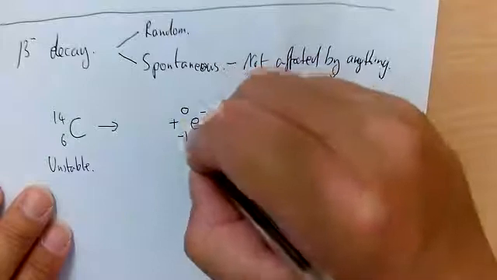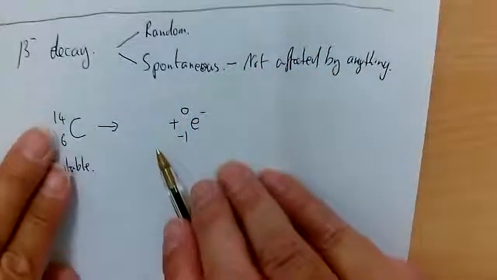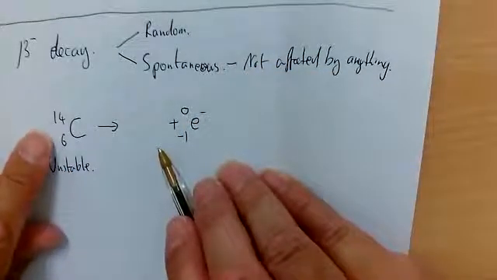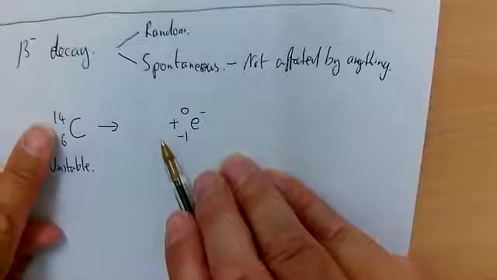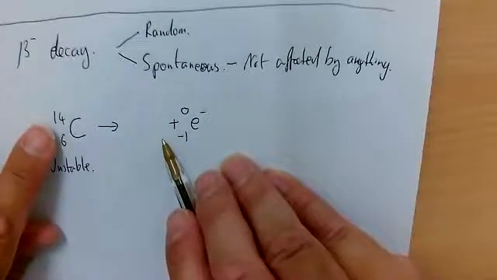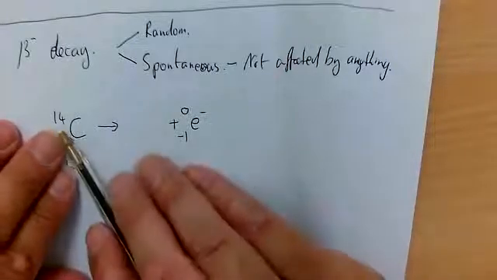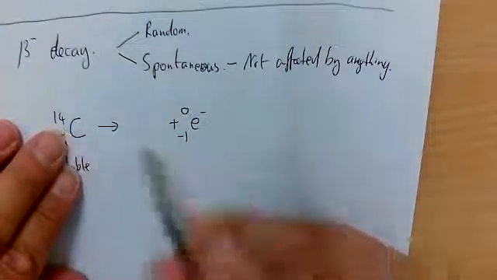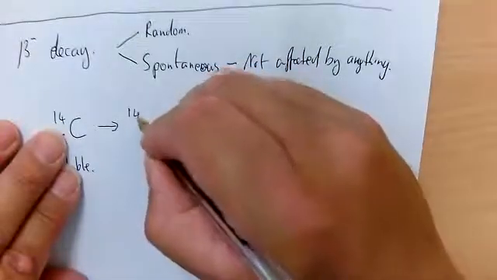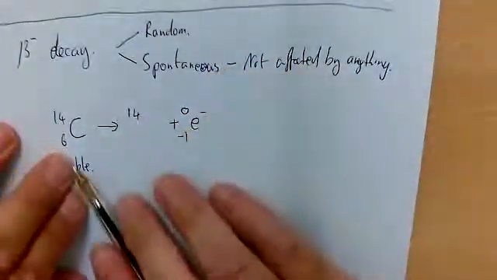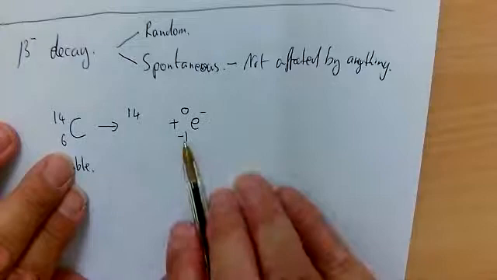So we have to add it up, and this is why we have this particular type of notation, because these numbers are conserved. In other words, the same before and after, in the same way that momentum is conserved for isolated systems. So we started out with 14 neutrons and protons. You've got to end up with 14 neutrons and protons. But the charge is going to be different because you've got -1 here.